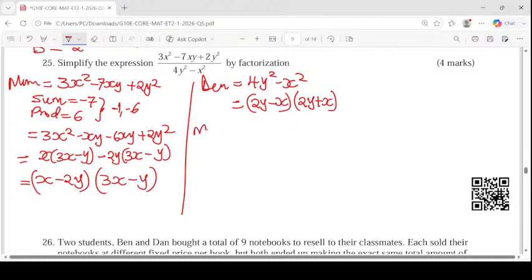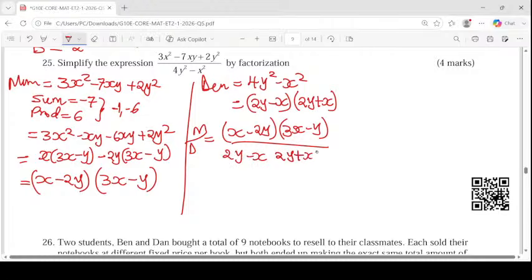Then when I take numerator divided by the denominator, I'll have x minus 2y, 3x minus y, all over 2y minus x, 2y plus x.